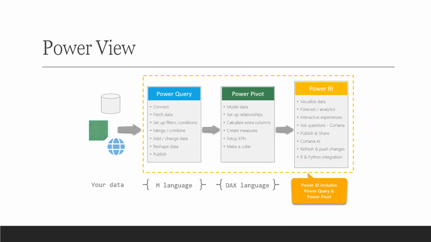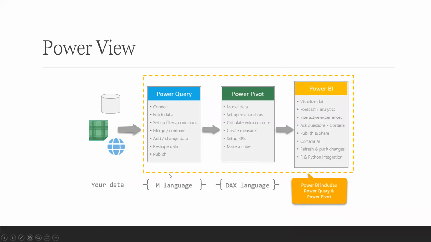It has its own artificial intelligence built into it. You can ask questions, and the graph or reports can answer you like a bot, right? You can also integrate with Python and R to do more predictive analytics. So it's all about developing a report and doing some AI, artificial intelligence, using the Cortana that Microsoft has.